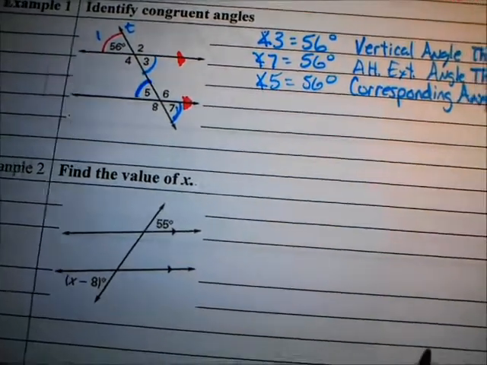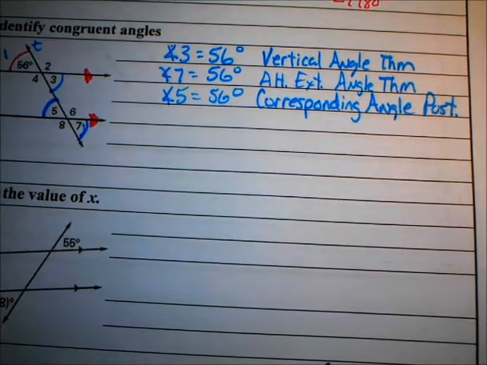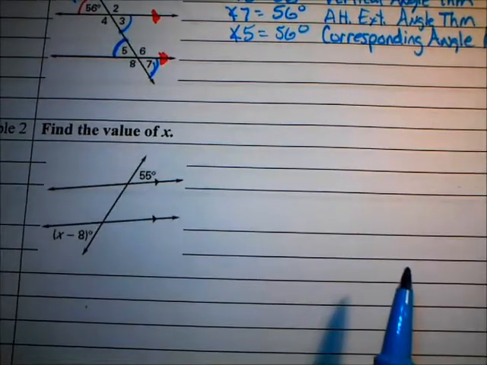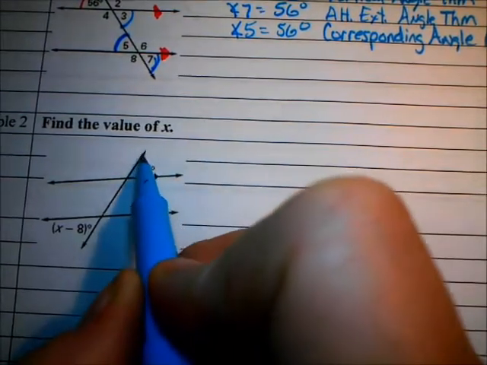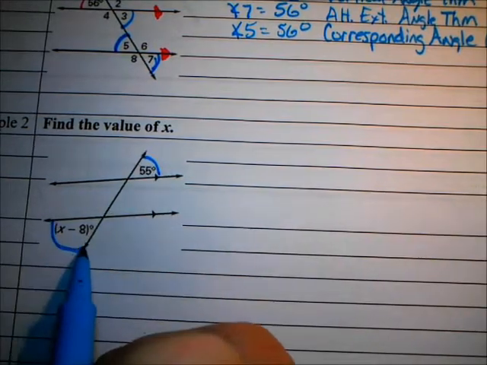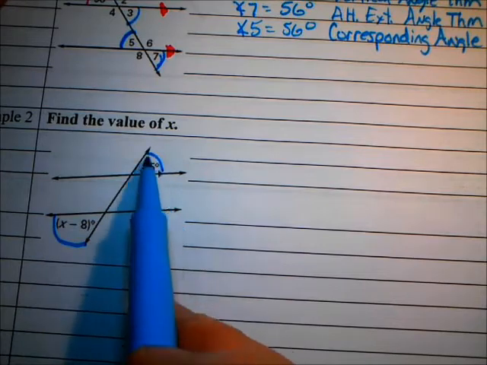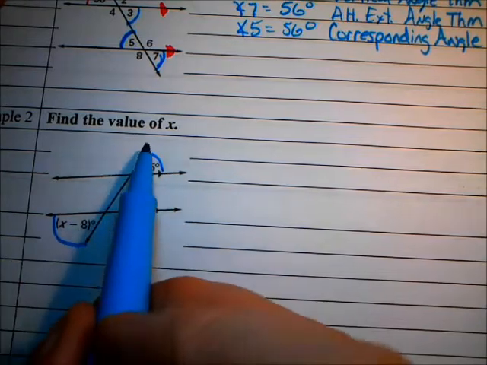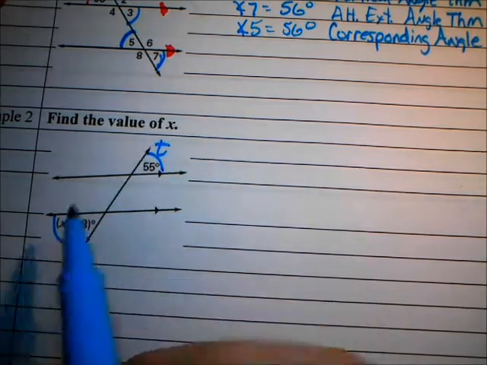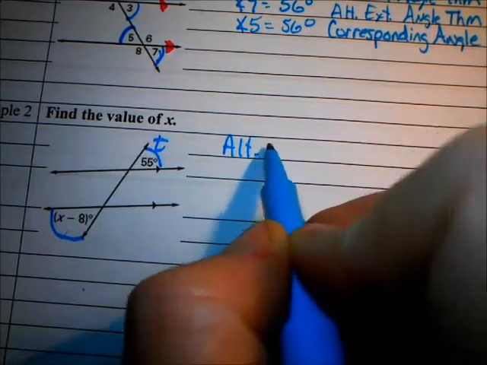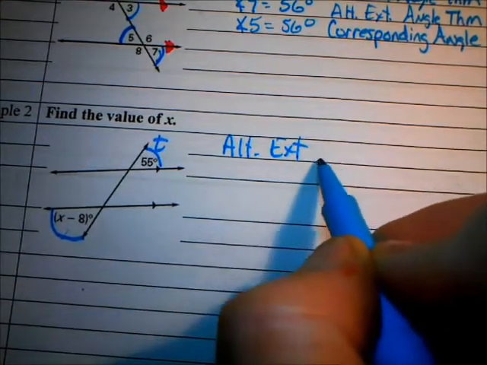Okay. On example 2, it says we want to find the value of x. Well, if I look at my angles, I have this angle here and this angle here. And if I was to name the angles, I realize they're on the exterior and they're crossing over the line that cuts through the other lines. So I know that these are alternate exterior angles.